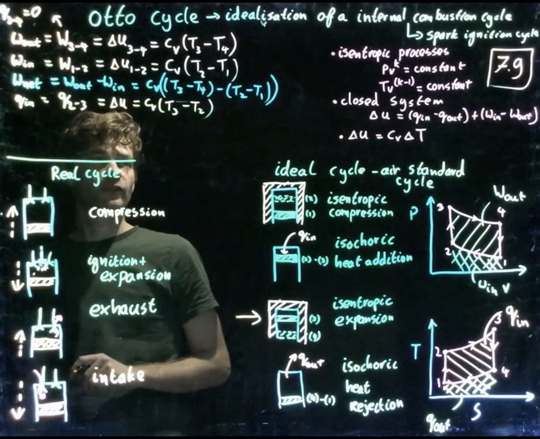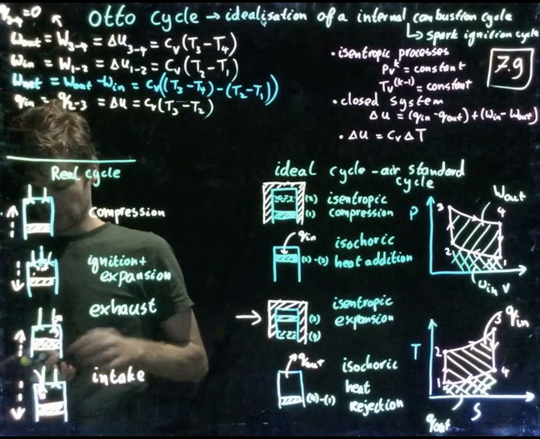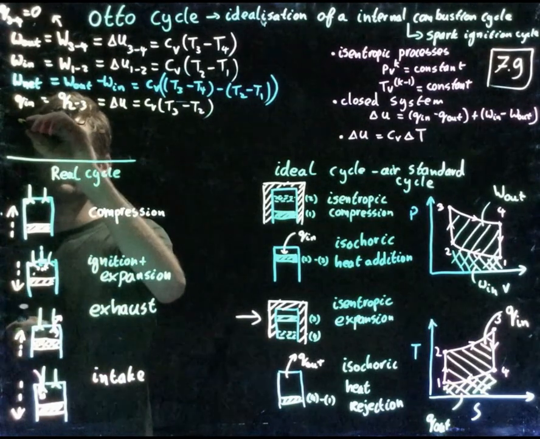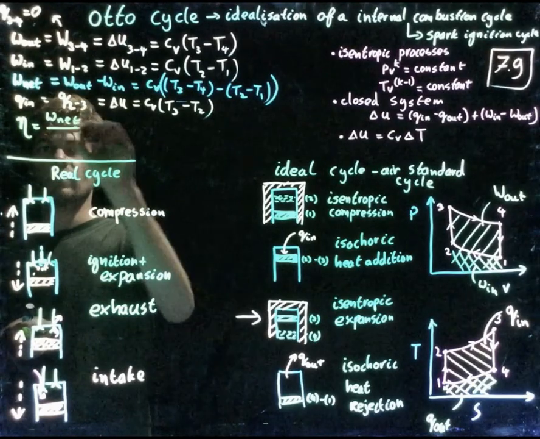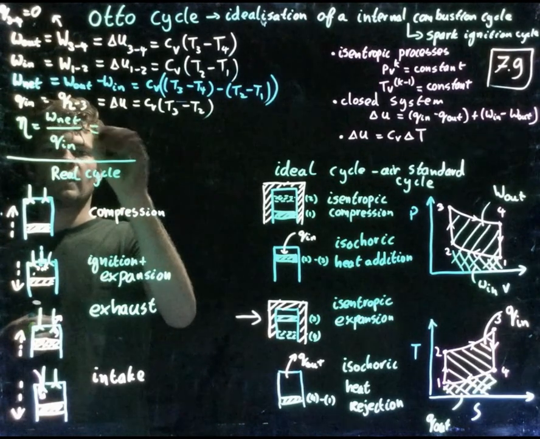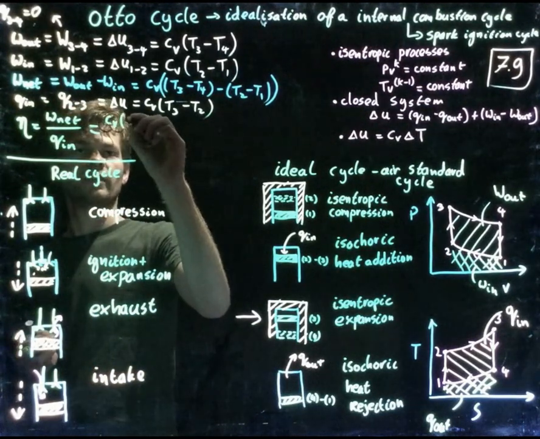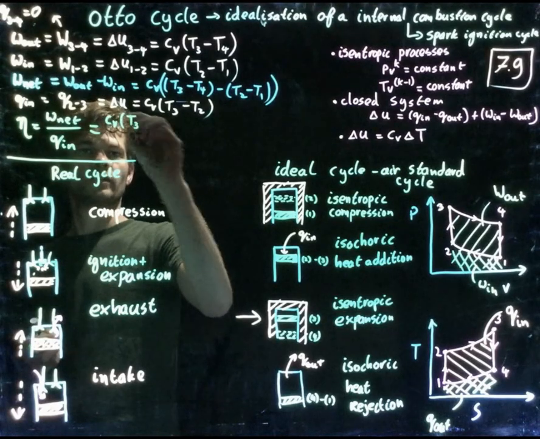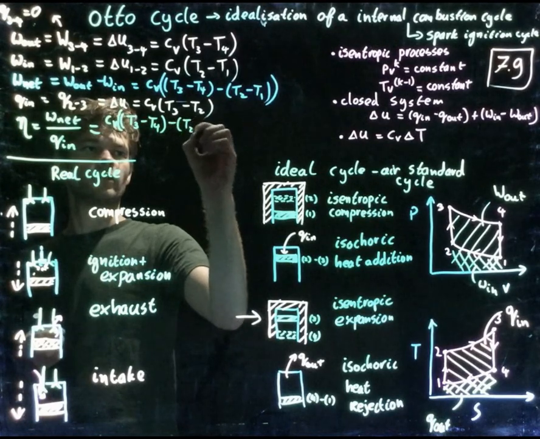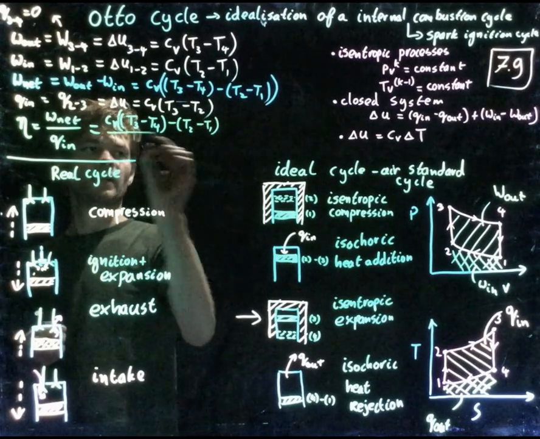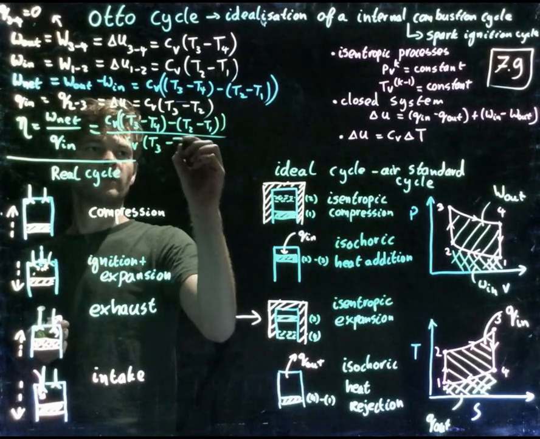Okay. That's very convenient, I think, because now we want to calculate the efficiency. That's always very nice to know. So let's calculate the efficiency. The efficiency is equal to work net over Q in. And that's actually equal to CV (T3 minus T4) minus (T2 minus T1), and we have to divide all this by CV (T3 minus T2).